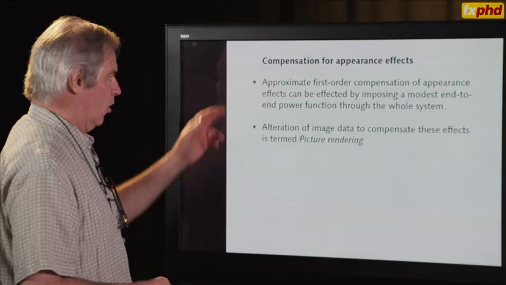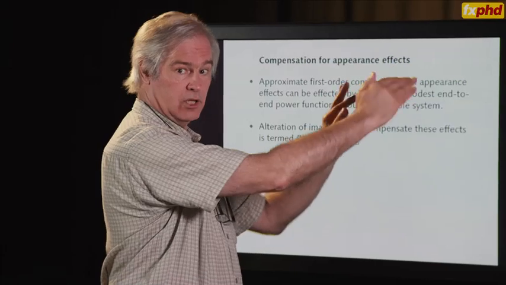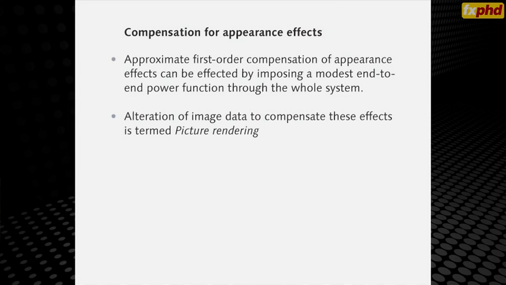So in video, and I should really say compensation for appearance effects in video or in HD, approximate first-order compensation is affected by imposing a modest end-to-end power function through the whole system.